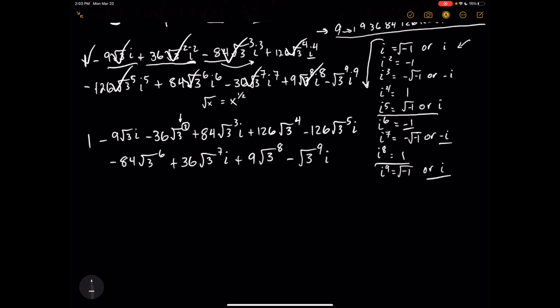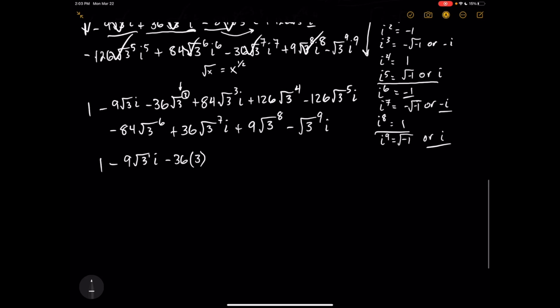Okay, so I have 1 minus 9 root 3 i minus 36 times, let's see, that would just be 3, right? Then I've got plus 84 times root 3 to the 1 1/2. So I'm going to look at this as though it was 3 and the square root of 3.